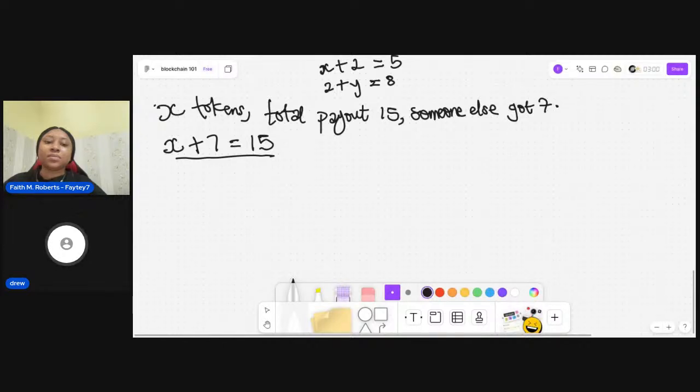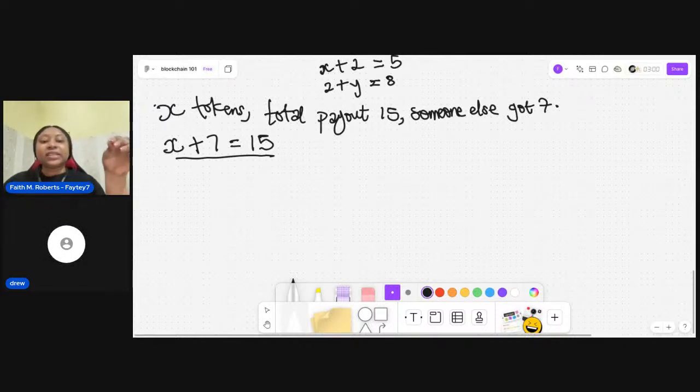Because the question here says X tokens was paid out, and the total payout, is it the total times a payout was made, or the total amount of tokens paid out? Then someone else, out of how many persons? I think that should be the right way to figure out what we're working with. Does that make sense?